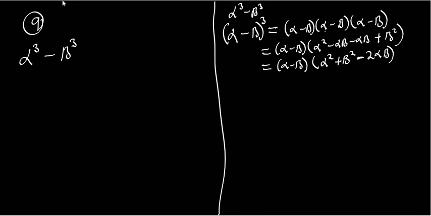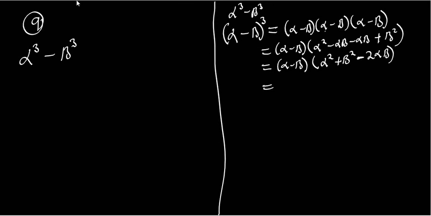Now let's remember something. You have (alpha minus beta) this side, right? That's where you have, right? Okay, since we're looking for the identity of that, right? So what you do next, let's multiply this, right? Let's try to multiply.